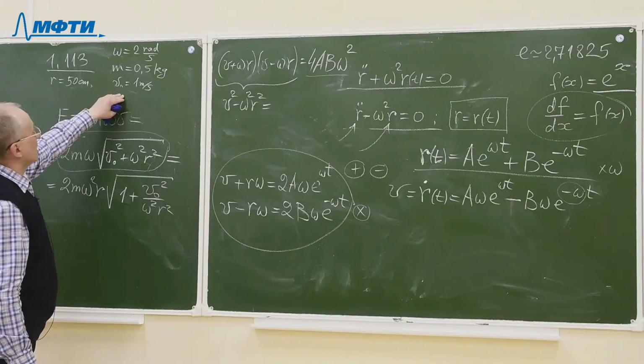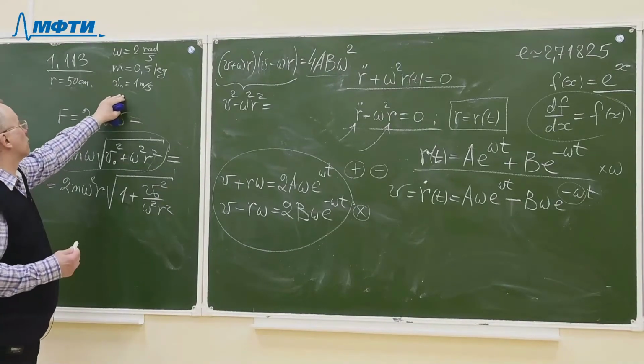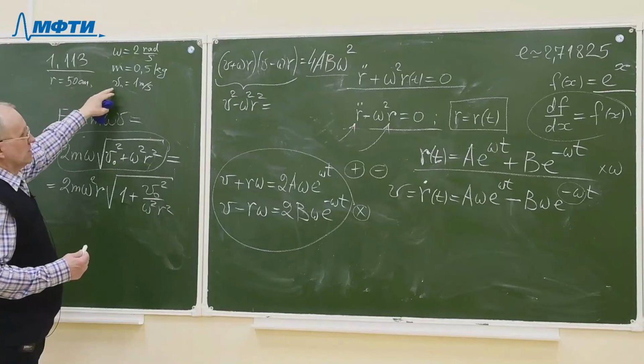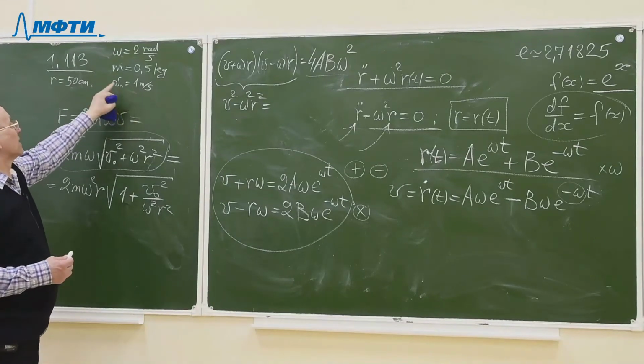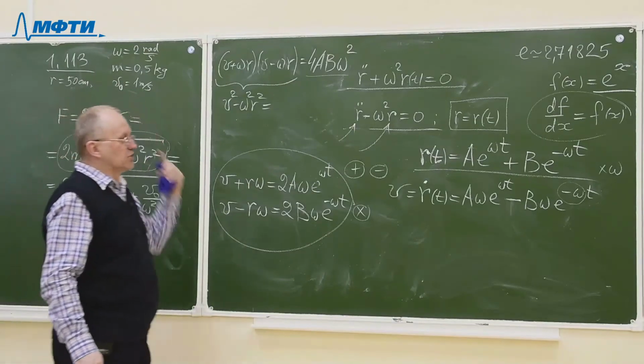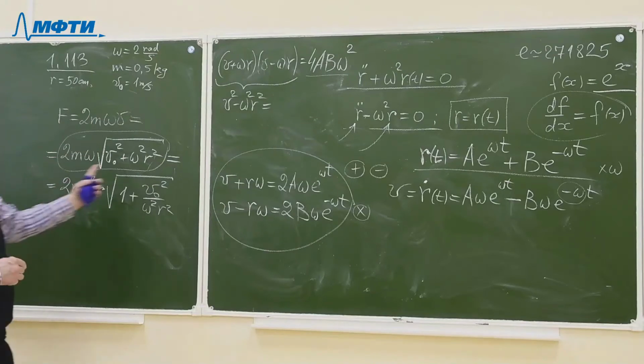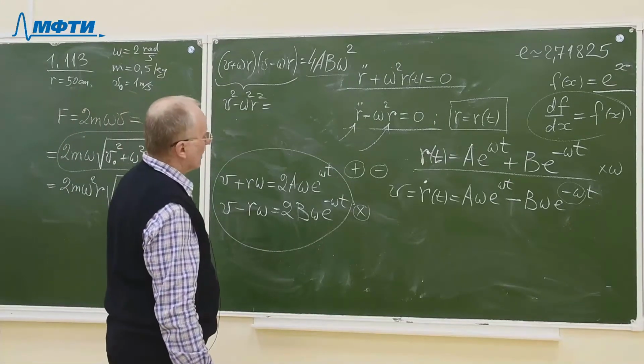In the problem, it's known that at the initial moment of time, when time was 0, the initial velocity was 1 meter per second, given as v0. The initial velocity is given when the ring was at point A. You remember this picture.